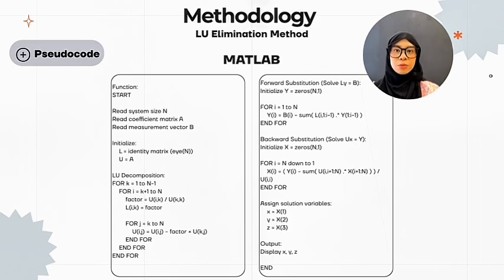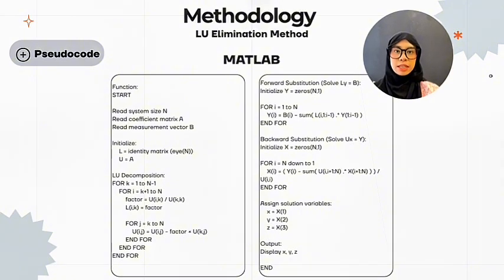The LU decomposition process is then performed using nested loops. For each column K, the elements below the pivot are eliminated using a factor calculated from the ratio of U_ik to U_kk. This factor is stored in the corresponding position of matrix L, and matrix U is updated through row operations.